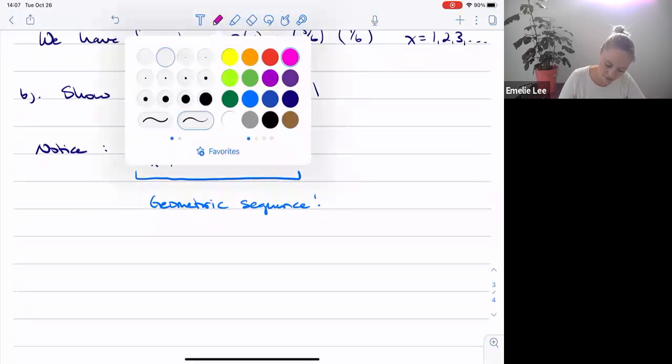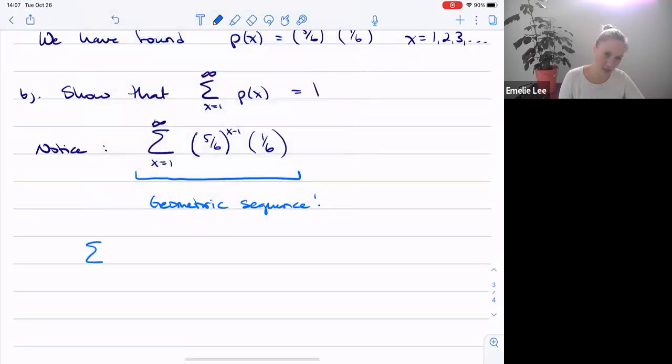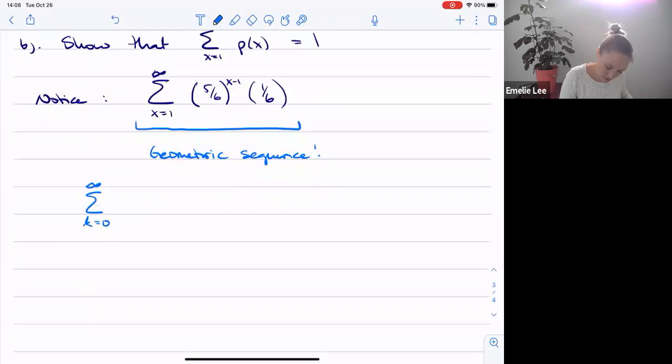In general, a geometric sequence looks like this. It's the sum of k equals 0 to infinity of a times r to the k.